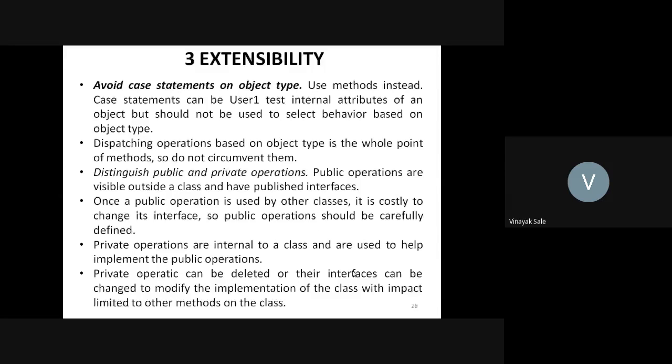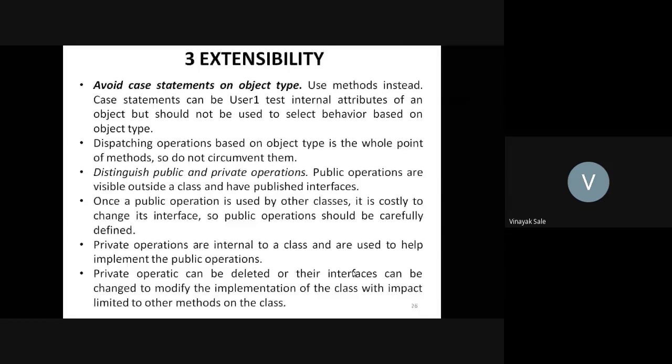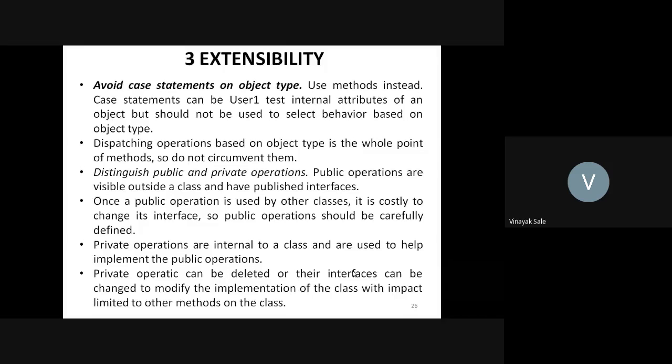Private operations are internal to the class and are used to help implement the public operations. Private operations can be deleted or their interfaces can be changed to modify the implementation of the class, with impact limited to other methods on the class.